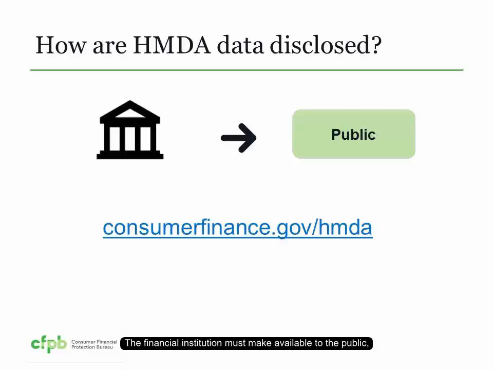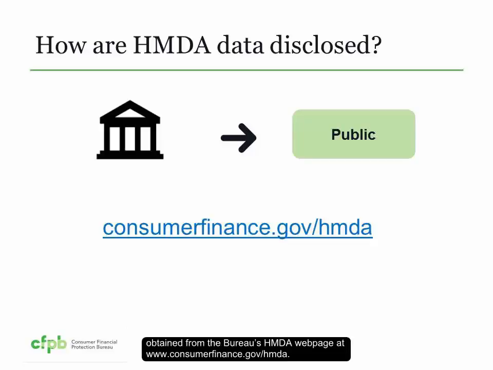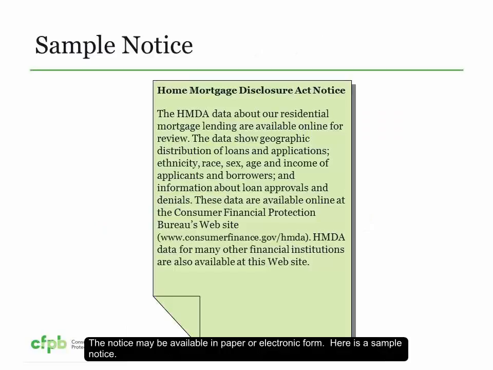The financial institution must make available to the public, no later than 3 days after receiving notice from the FFIEC, a written notice that clearly conveys that the financial institution's disclosure statement may be obtained from the Bureau's HMDA webpage at www.consumerfinance.gov/HMDA. The notice may be available in paper or electronic form.